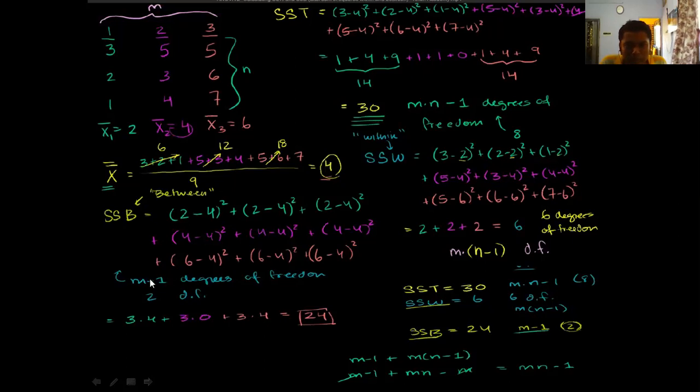Similarly, in case of degrees of freedom, the total degrees of freedom was 8 for the model, the between was 2, and the within was 6. So 6 plus 2 is equal to 8, the total degrees of freedom that you are getting.